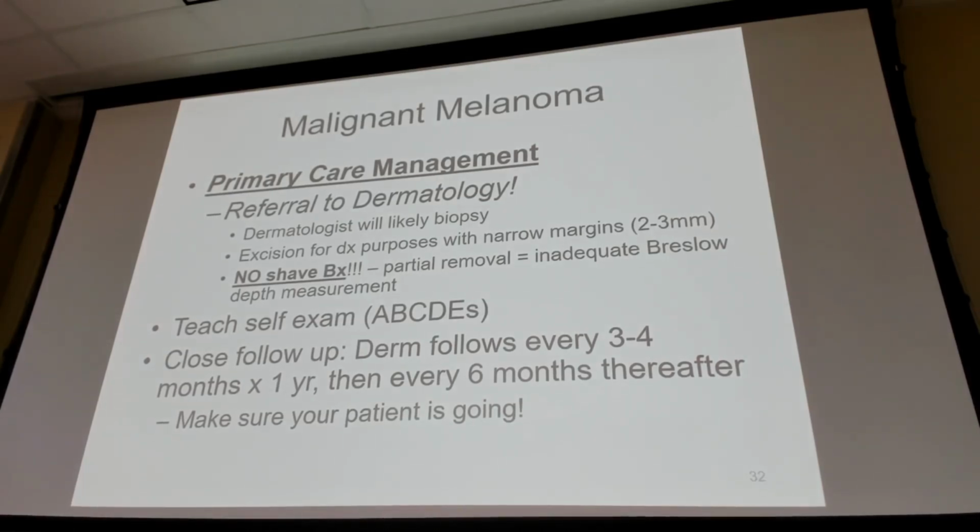Follow up every 3 to 4 months for 1 year, then every 6 months thereafter, if it is a malignant melanoma. Regardless of which type of melanoma it is, if it is that word, melanoma, then that is what the follow-ups with derm will be. Make sure they're going. Get over there.